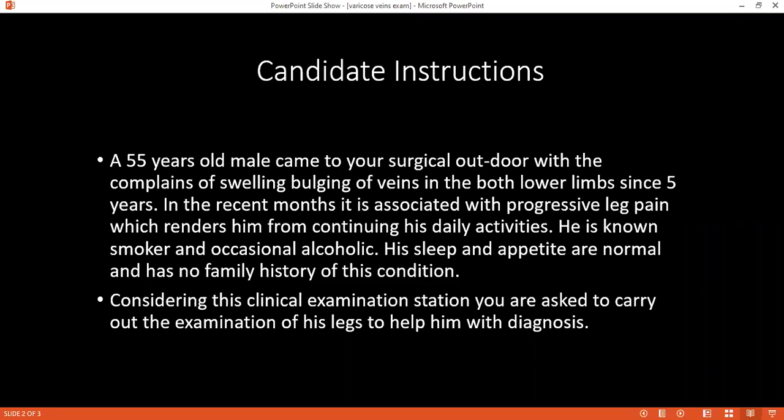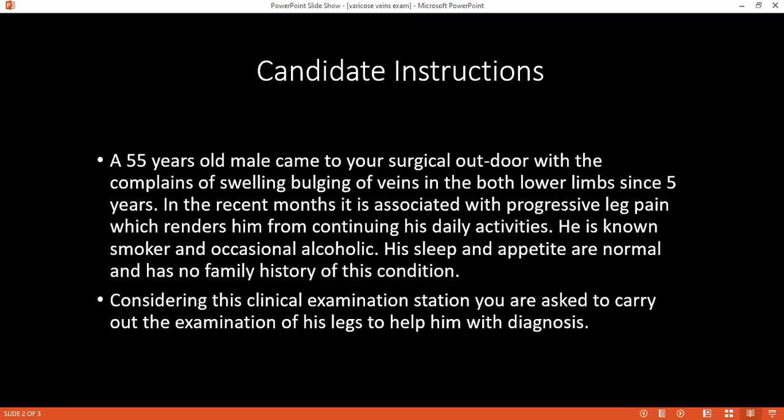To complete my examination, I will do the arterial exam of the lower limb and abdomen. Today I have examined a 55-year-old male who came with varicose veins. I kept his shorts on for dignity purposes.